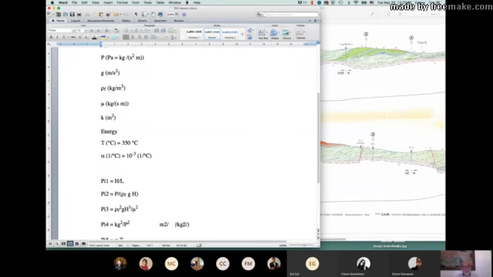And then I need to cancel my kilogram squares, and I can do that by adding the density. The density itself is going to be squared.